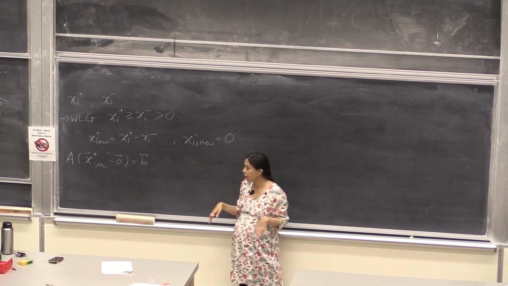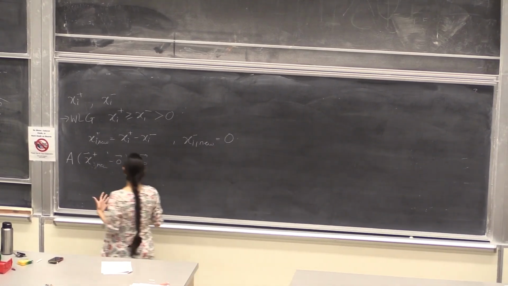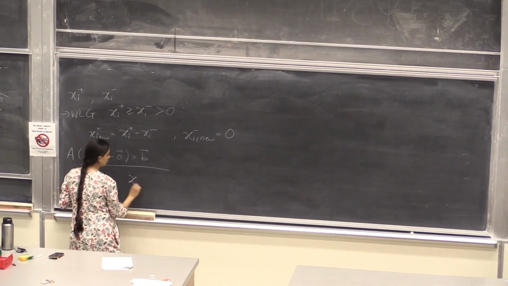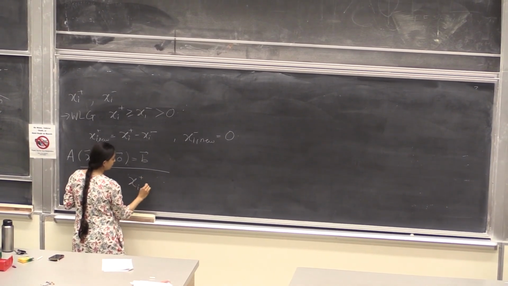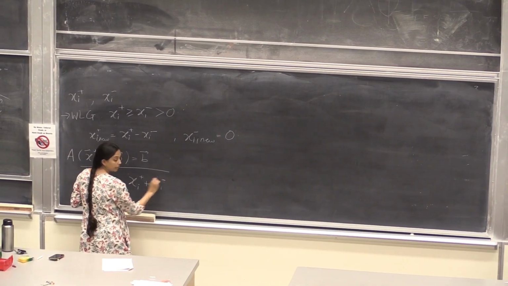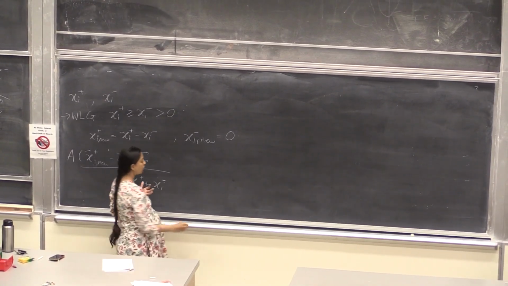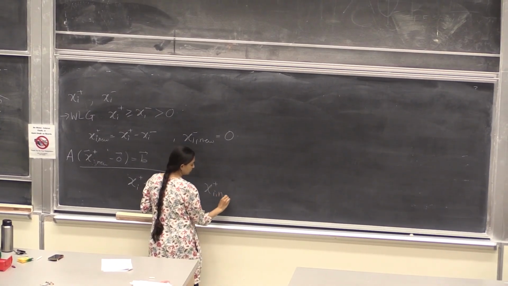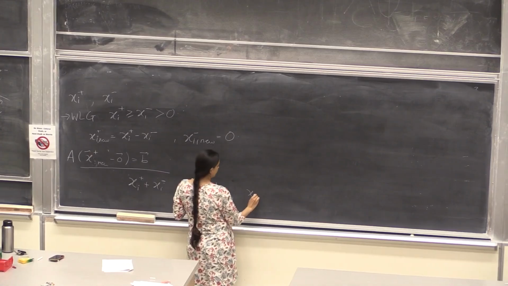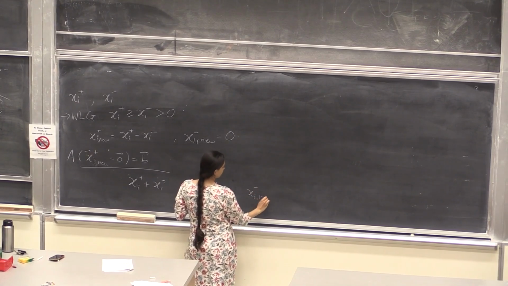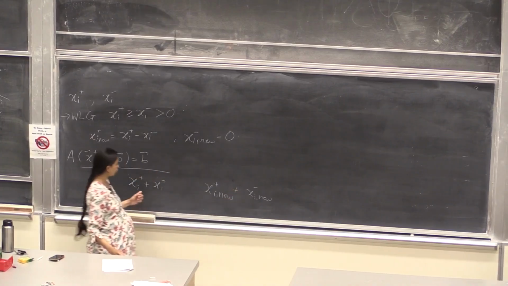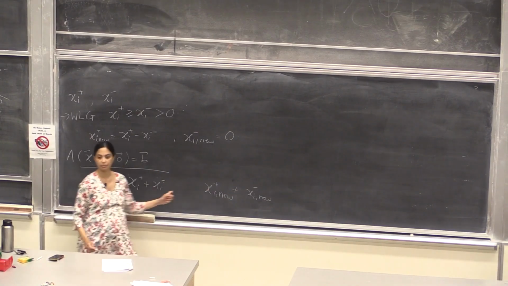But now in our objective function, the original objective function had a term that was xi plus xi minus. Our new objective function now has xi new plus and xi new minus. Which of these two terms is bigger?